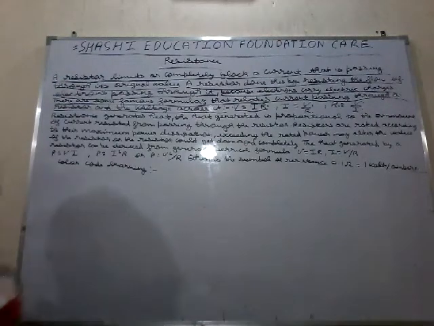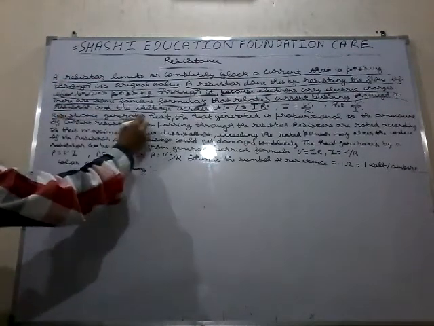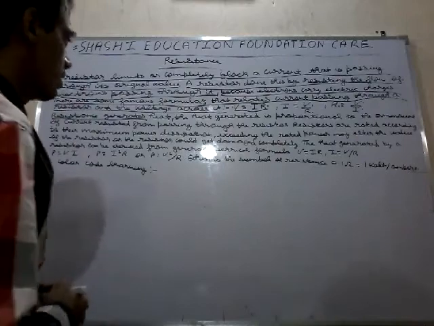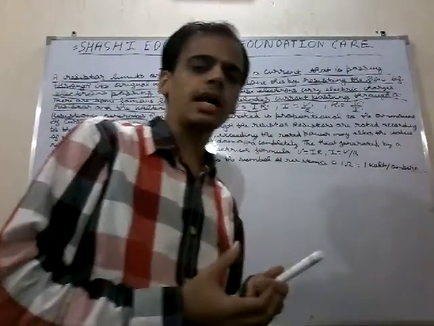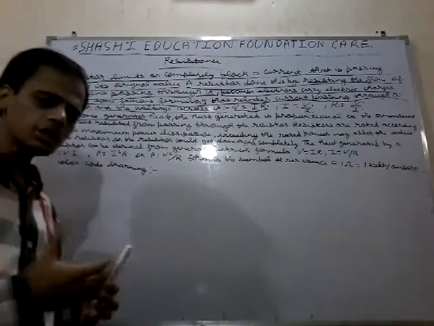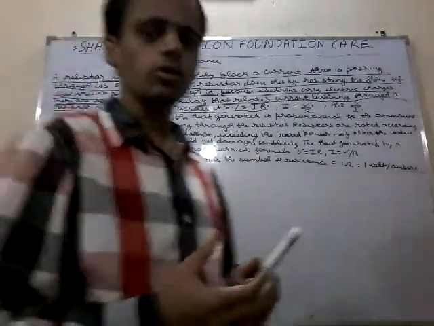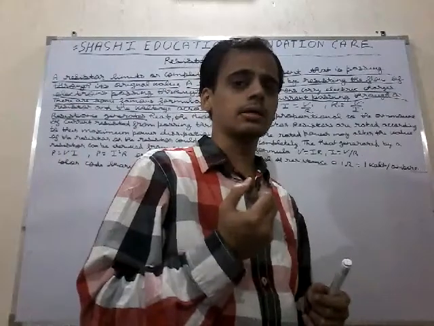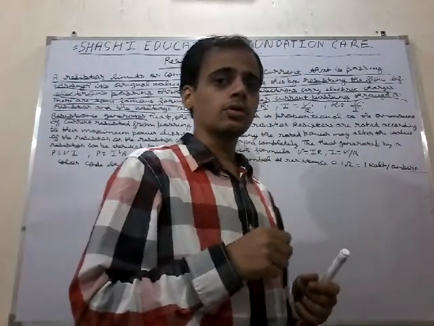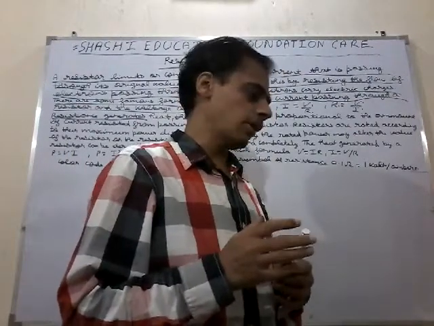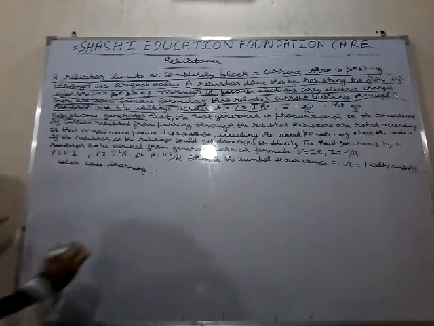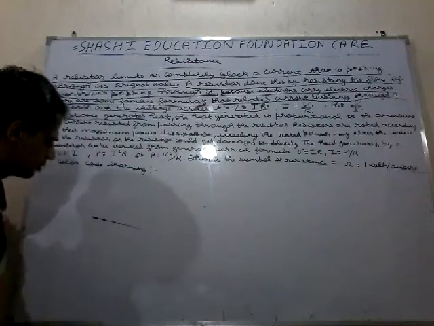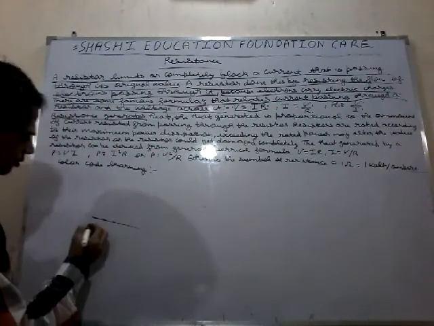And then resistance generates heat. Remember this thing, resistance generates heat. Why? Because it opposes the flow of electrons, and the electrons carry the charge. For example, according to a physics concept, this is a road.